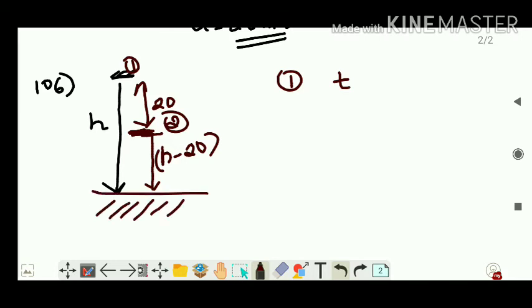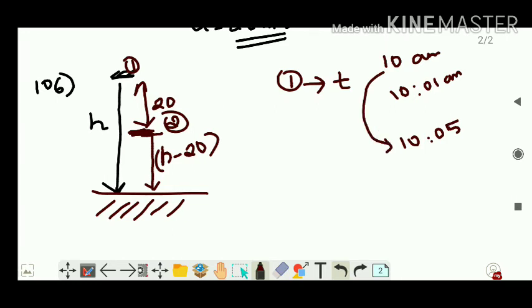Now let me tell, that means if the first ball is taking t time to reach the ground, right? If first ball is taking t time for the reaching of the ball, that is, see, one is released at, let's say, 10 a.m. The other is released at 10:01 a.m., right, and both are reaching at 10:05. You are told that the second ball is released 1 minute late or 1 second late, right?